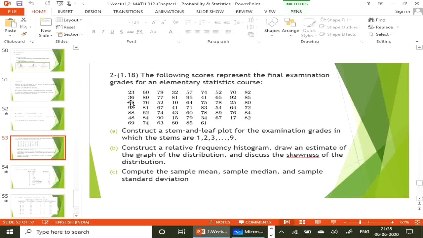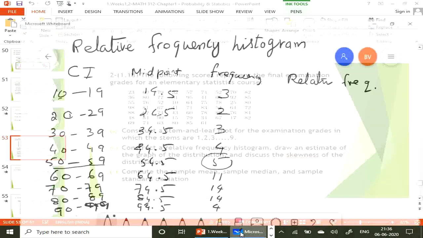One here, 55. Here there is nothing. Here 52, 2. Here there is nothing. 57, 3. Here there is no 50. 4, 5. Here 52 and 54. 5 elements are there between 50 and 60. That is it. That's the meaning.